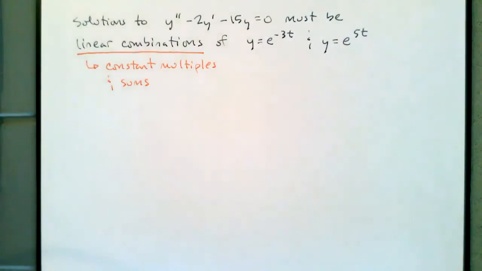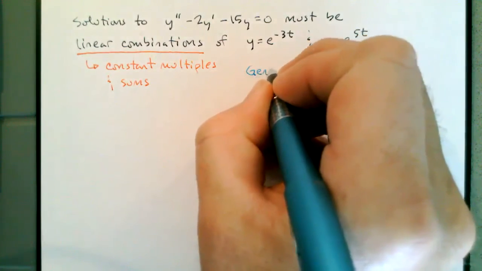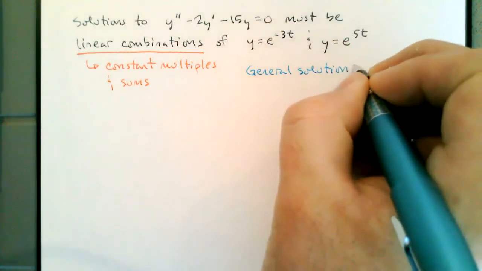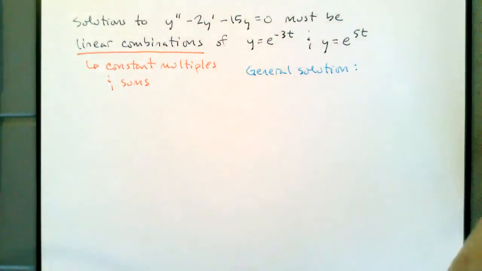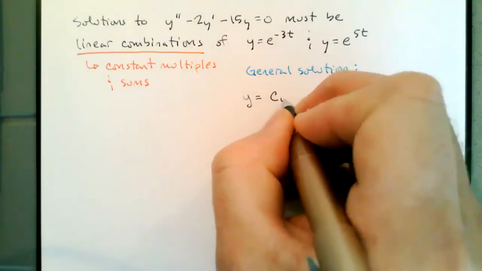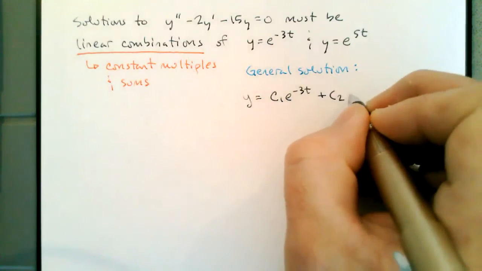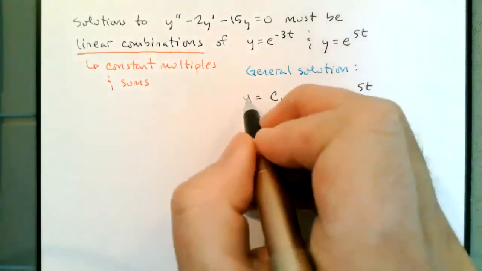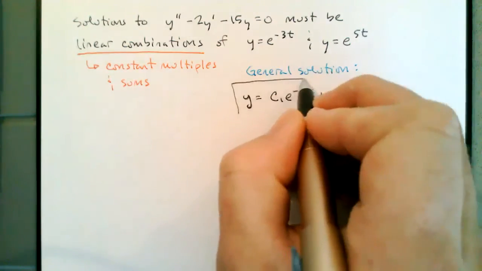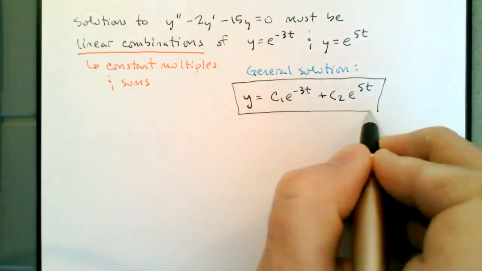And so this gives us a general solution with two arbitrary constants. Our general solution will be y equals c1 e to the -3t plus c2 e to the 5t. Our second order equation led to a general solution with two arbitrary constants.